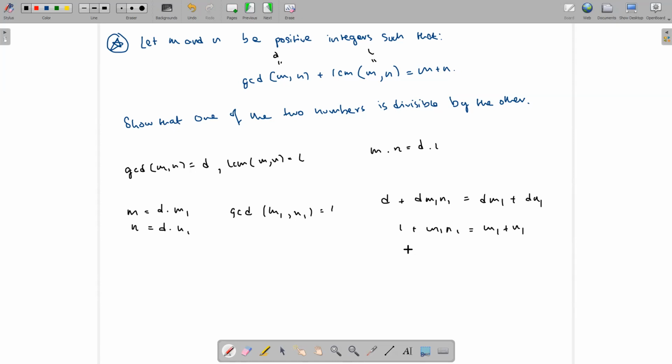And so from here we can say that m1 will divide 1 and n1 will also divide 1. So m1 equals n1 equals 1.